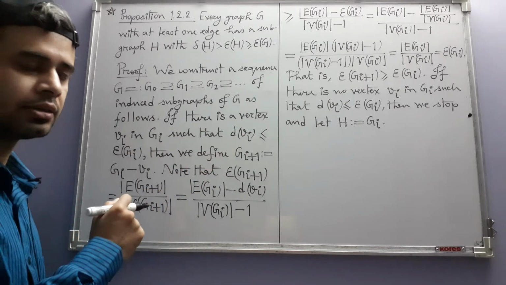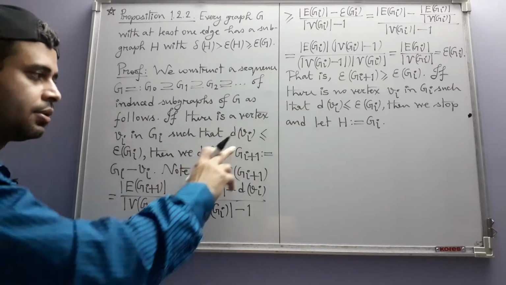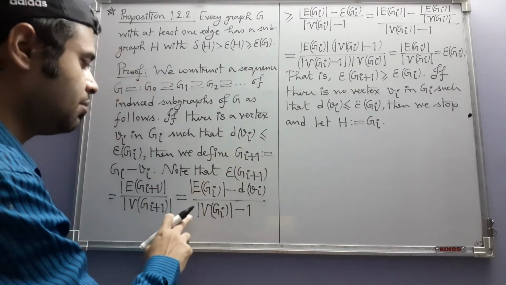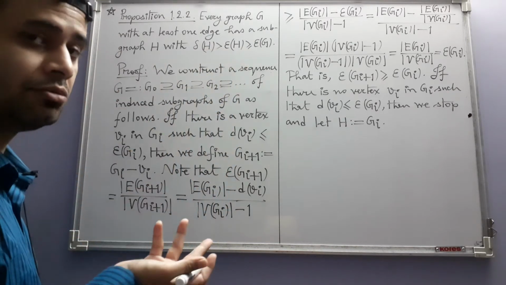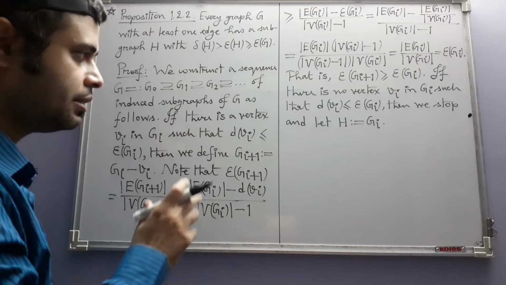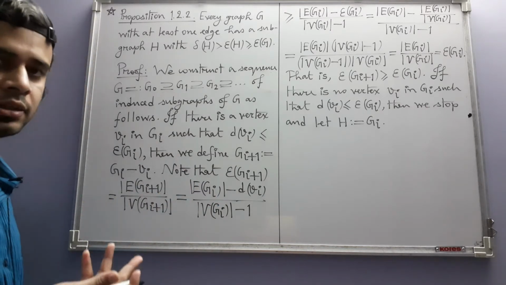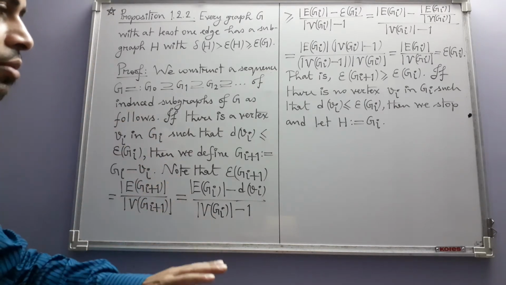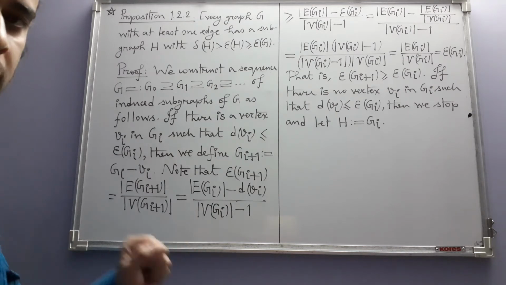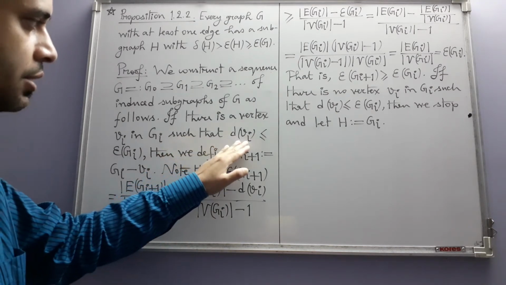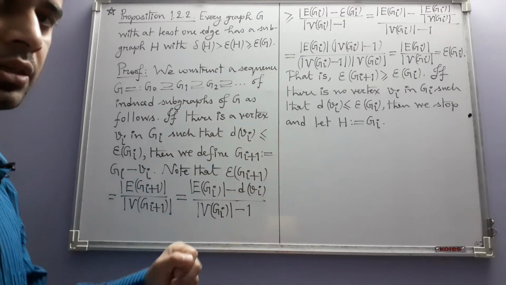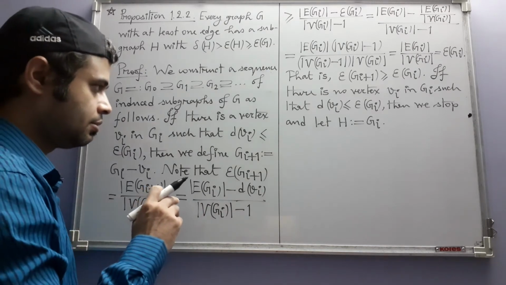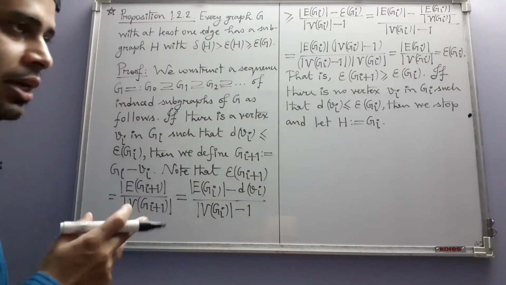Otherwise you will find a vertex and you will remove that vertex, and once you remove the vertex, the average degree of the new graph will be greater than or equal to the average degree of the previous graph. Okay, so then in the new graph you will start finding again another such vertex. But since we are in a finite graph, at one point we will run out of vertices whose degrees are less than or equal to the average degree of that graph where we are finding that vertex. This will happen because we are in a finite graph.